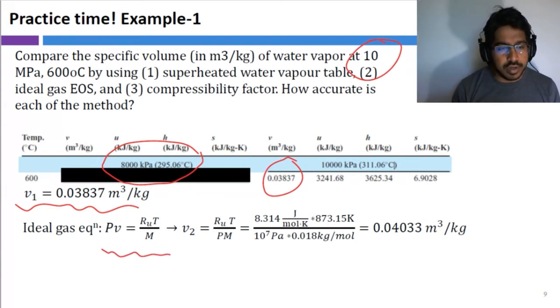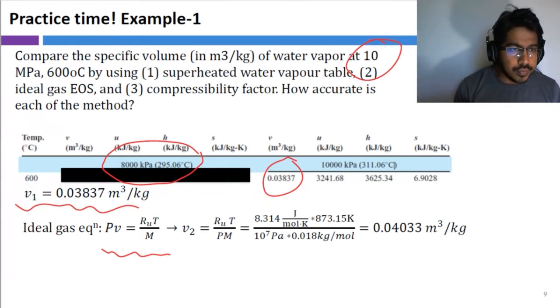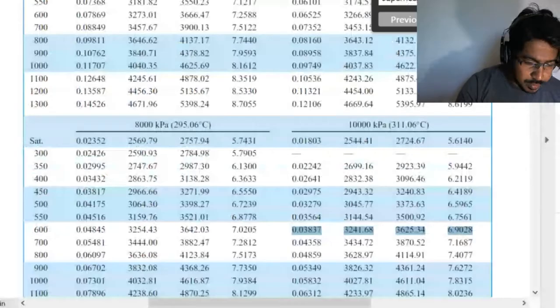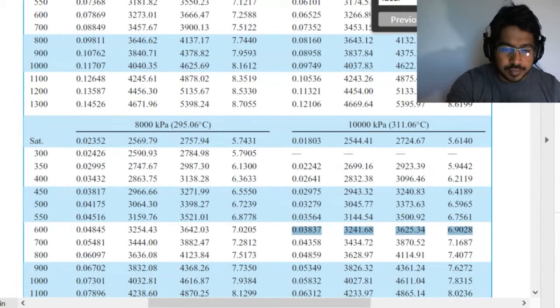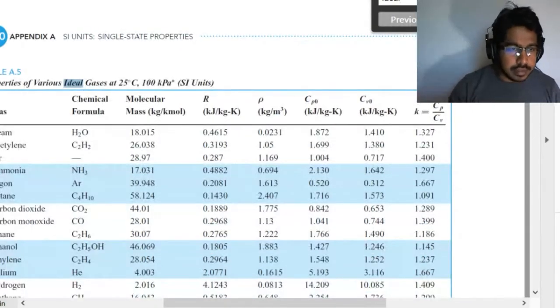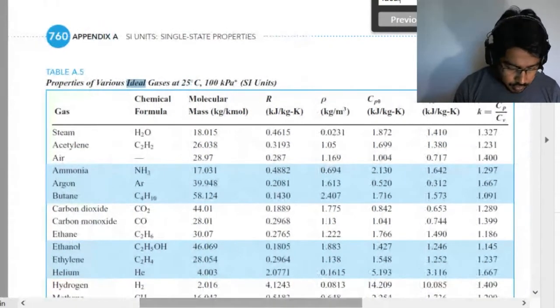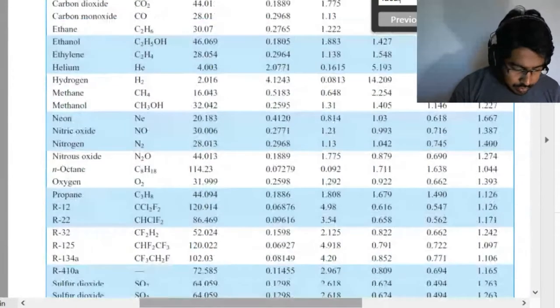It's straightforward. In this case, the substance is water, right? So what you can do is go to your property tables. If you don't know the gas constants, for ideal gas you type ideal, so ideal gas properties at this temperature. Now you browse through until you find water, right?